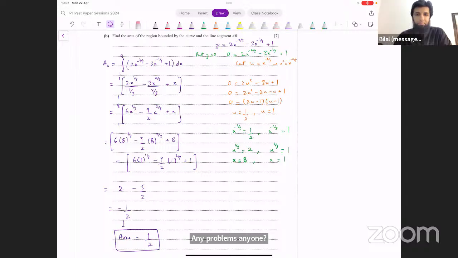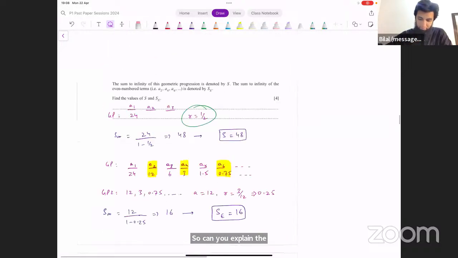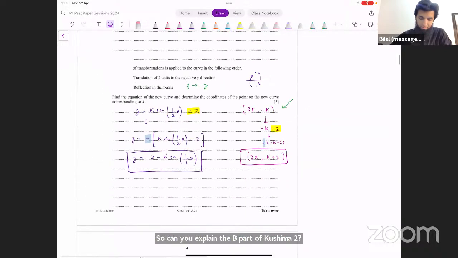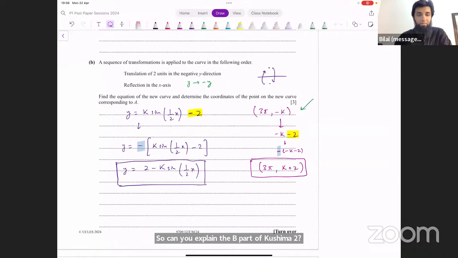Sir, can you explain the B part of question number 2? What exactly in that? Atul, what exactly in this part? Did you join late?